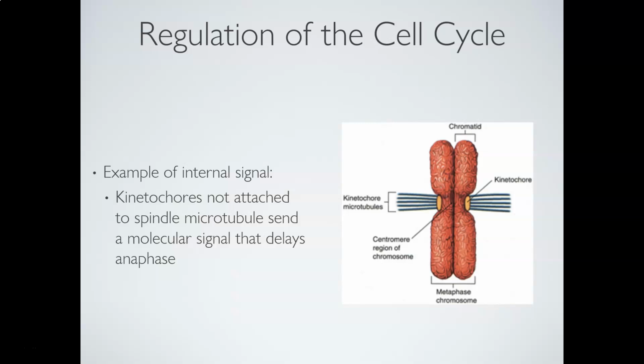So if this is all working appropriately, your cell should arrest at metaphase until all of those kinetochores and spindle fibers are attached, and then those centromeres should break and equally divide the genetic information if all of those signaling molecules are working appropriately.